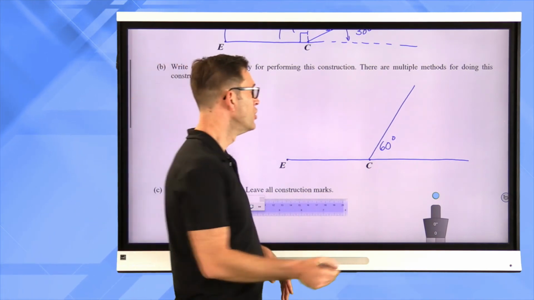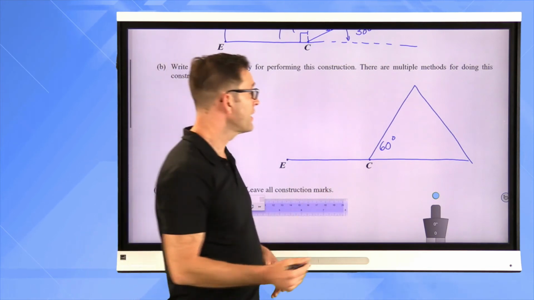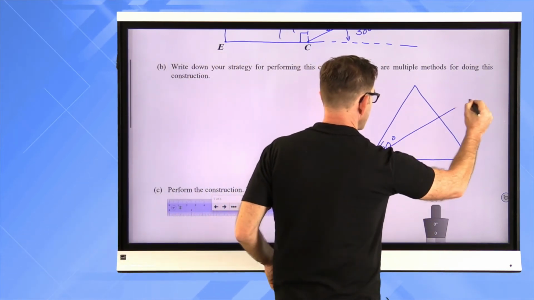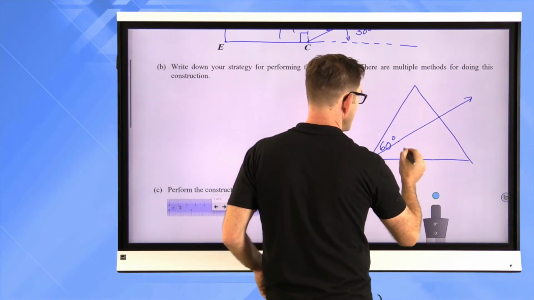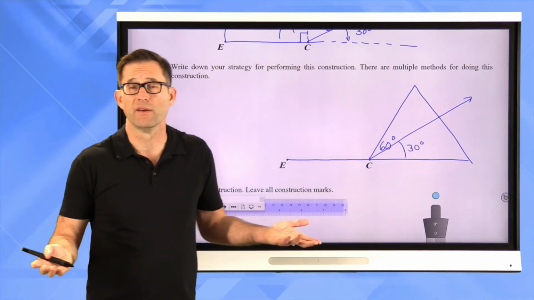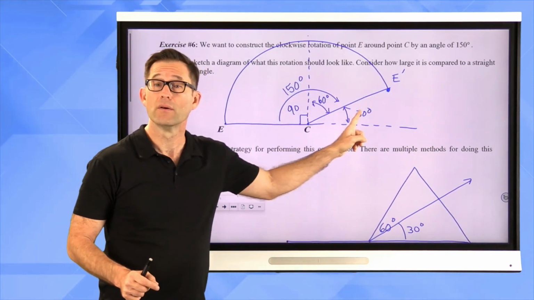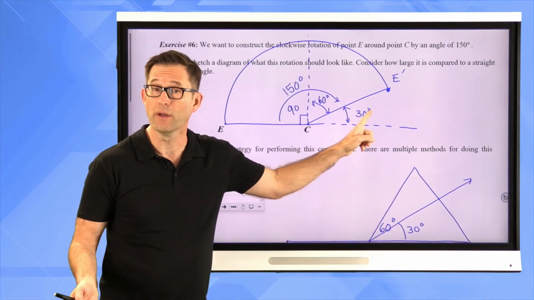I just have to draw an equilateral triangle in. And then I just need to bisect that angle so that this is 30 degrees. Really what I need to do is construct a 30-degree angle. So that's one way to do it.